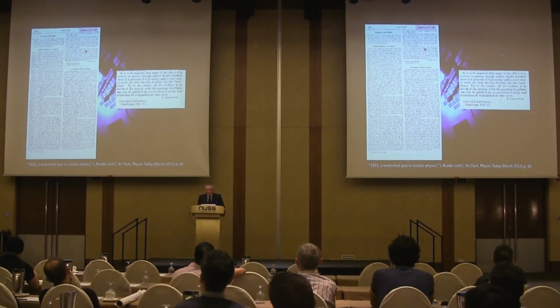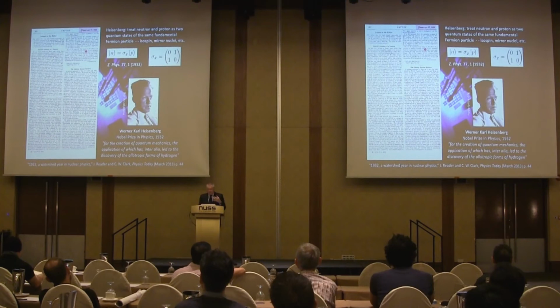It was quickly realized that there was a neutral particle with about the mass of a proton. And I guess for me, one of the first and really visionary ideas about its origin was expressed by Heisenberg just a few months later.